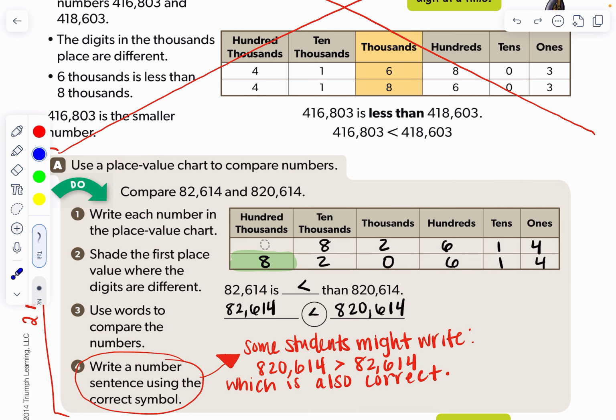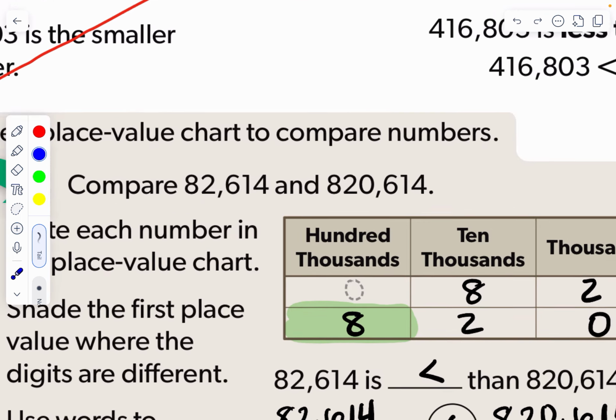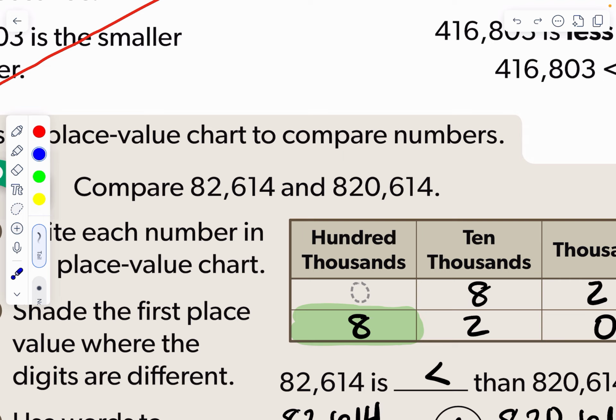So encourage them, place both of these numbers in the place value chart. And some students might go ahead and still place this 8 here because it's what they see first. However, what you want to ask them, and a few days ago we relied on reading and writing numbers, right? So you want to ask them, how do you say the number before the comma?